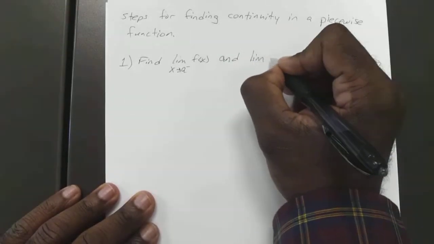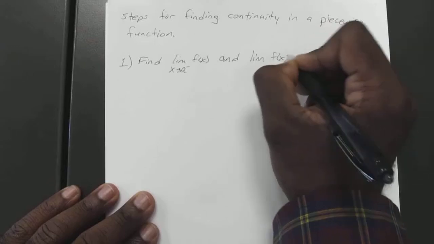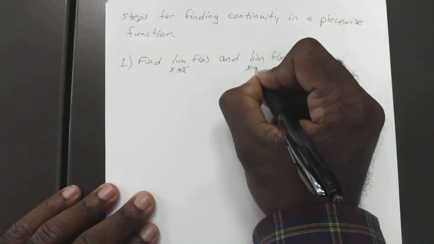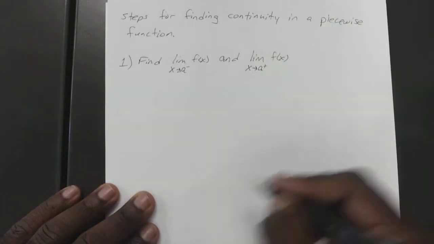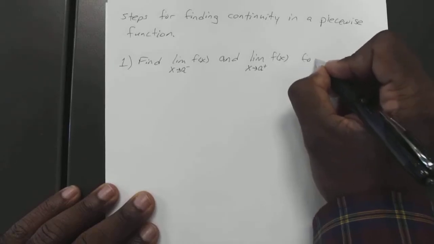And find the limit of f of x as x approaches a from the right, for every boundary point a.